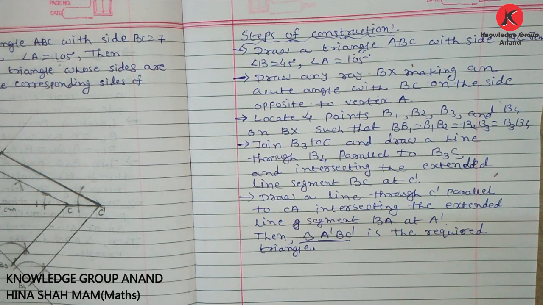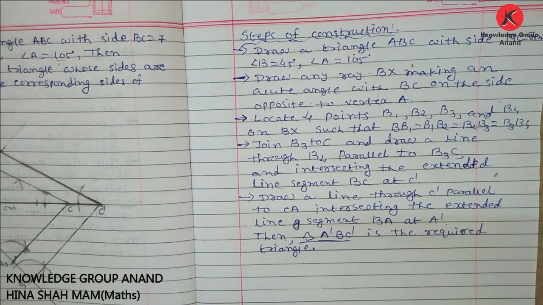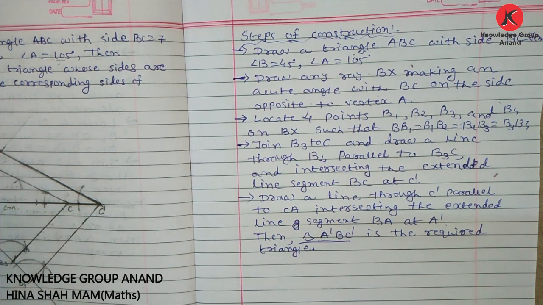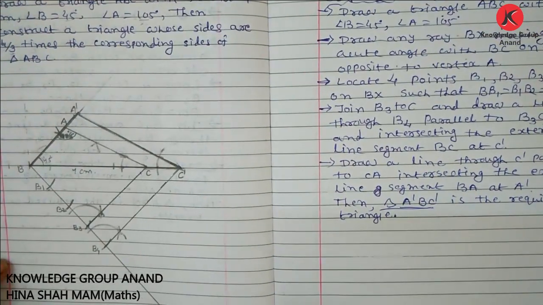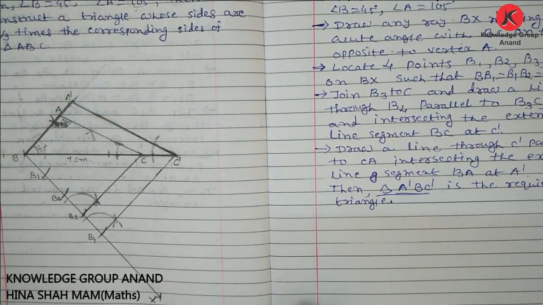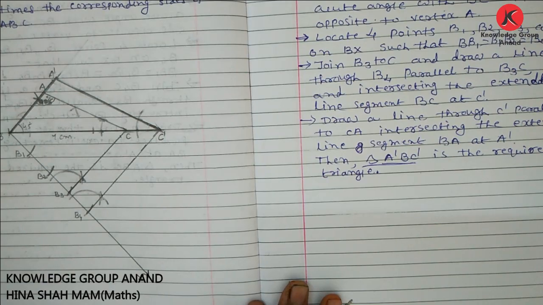Draw any ray BX such that acute angle with BC on the side opposite to A. Locate 4 points B1, B2, B3, B4 on BX such that BB1 is equal to B1B2 is equal to B2B3 is equal to B3B4.